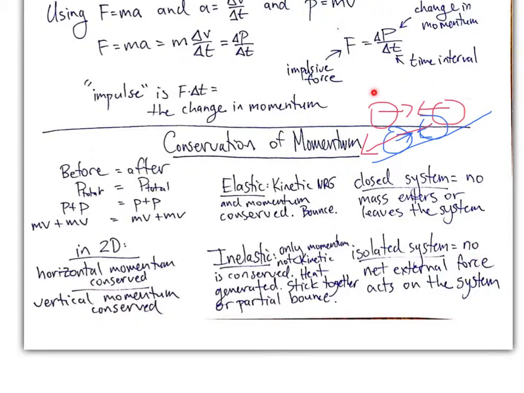Within here there's no net external force. Sure, there's forces happening between the objects, but there's nothing from the outside actually pushing the entire system in a certain direction. That is, of course, neglecting friction, which we do frequently.